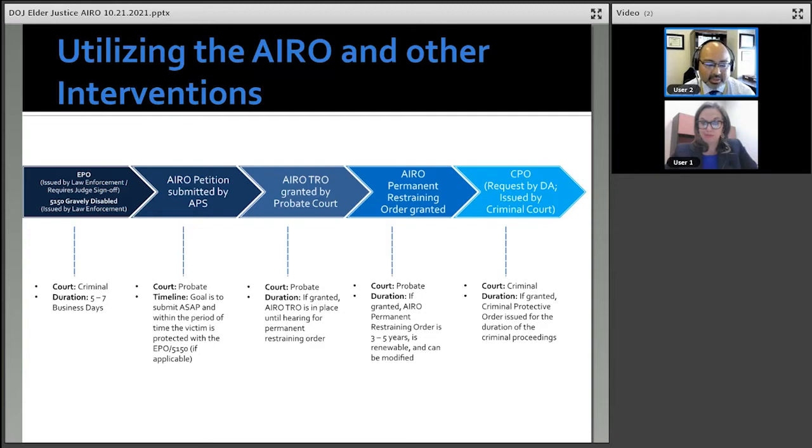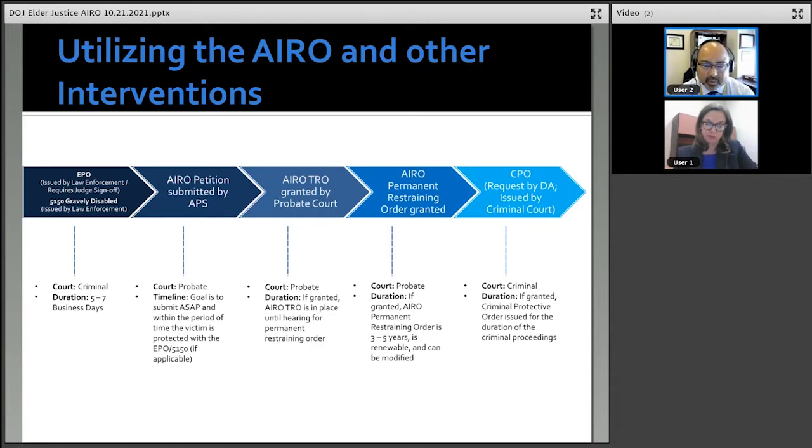As I mentioned earlier, the EPO duration is about 5 to 7 business days. And then for a CPO to be issued, there has to be an active criminal case. So between an EPO being issued and the CPO, there's going to be investigation being performed by law enforcement, and it'll take some time before the DA actually files charges.